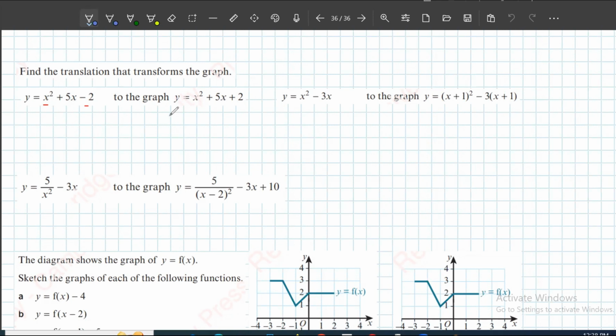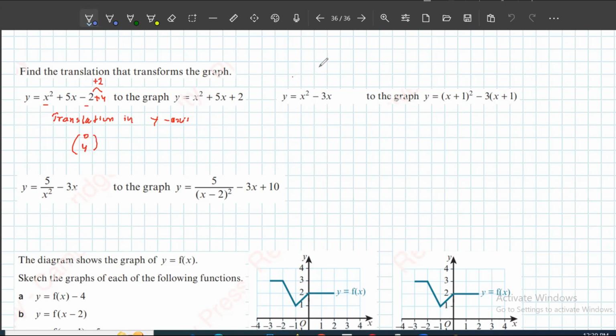So what did they add to minus 2 to get plus 2? If they add plus 4 to minus 2, the answer is exactly 2. It means this is a translation in the y-axis, and the translation vector, what they want from us, is (0, 4).